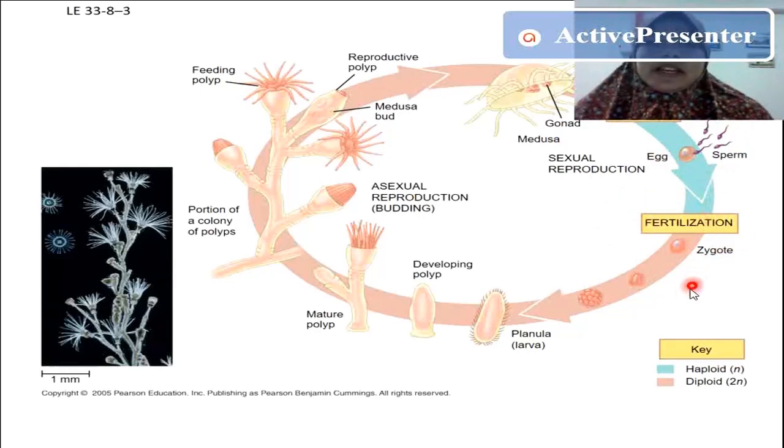As the zygote develops, it becomes a planula, which then develops into polyps. This is the mature polyp, which later may undergo asexual reproduction by budding to produce the feeding polyp, which later becomes the medusa.